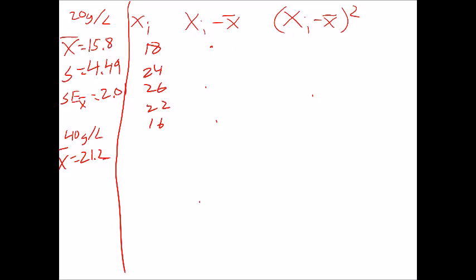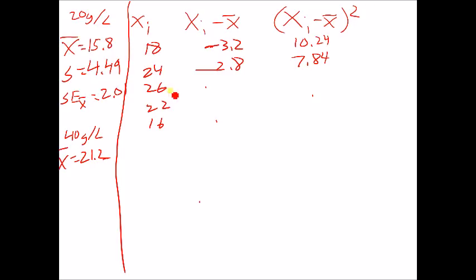So now we fill in our chart to get the standard deviation. We're going to go 18 minus the mean, 18 minus 21.2 to get negative 3.2. We're going to square that negative 3.2 to get 10.24. Now we're going to go 24 minus 21.2 to get 2.8. We're going to square the 2.8 to get 7.84.